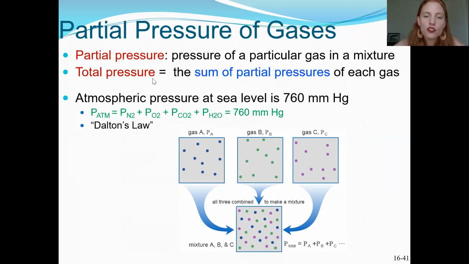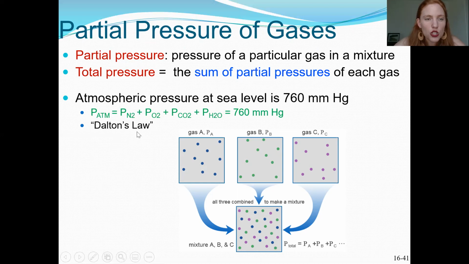And so if you take all of those molecules, the total pressure is all of the molecules all together in a particular space. That's the total pressure. And the total pressure is going to be equal to the partial pressure of each individual gas molecule. Okay, so anytime you see a big P like that, the big P stands for partial pressure, or the piece of the whole.